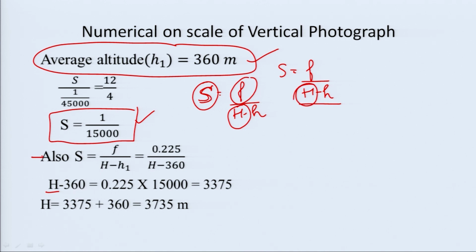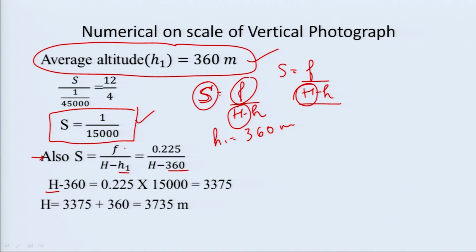Now, as we see in this numerical, s is equal to f upon H minus h1. Here h1 is basically the average height, that is equal to 360 meter. F converted into meter, we obtained 0.225. h1 is 360.